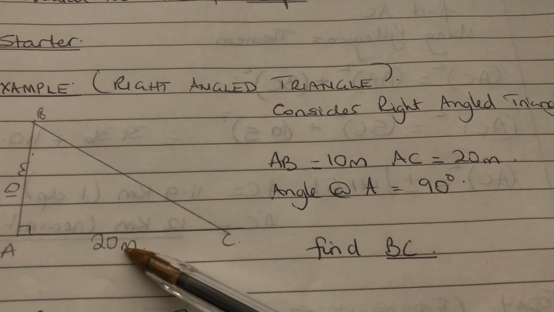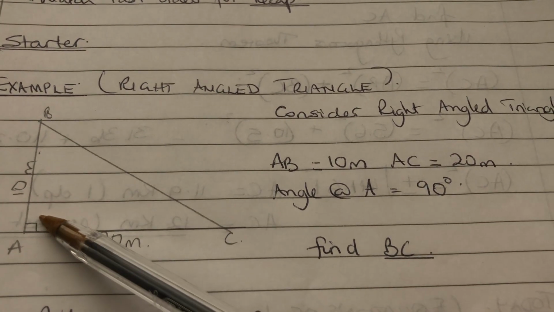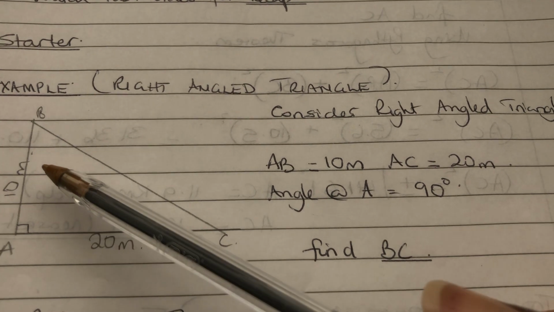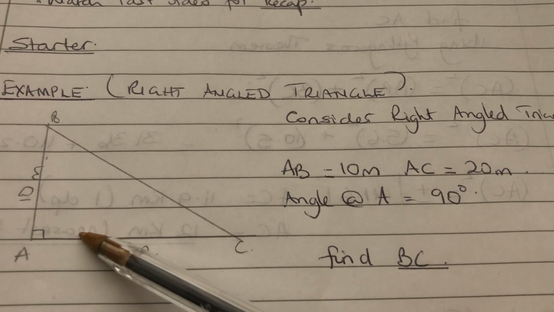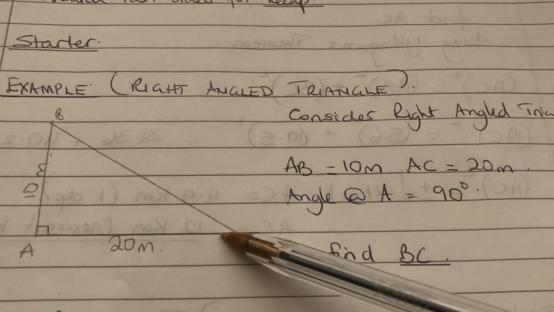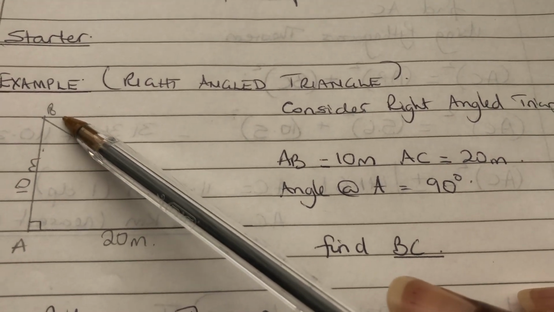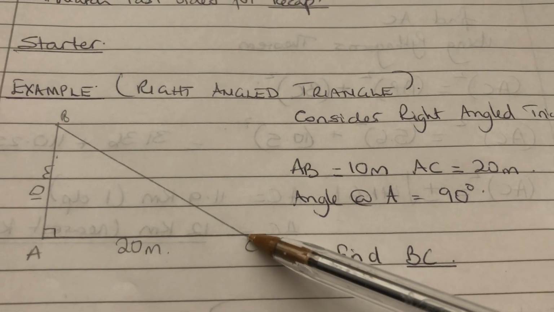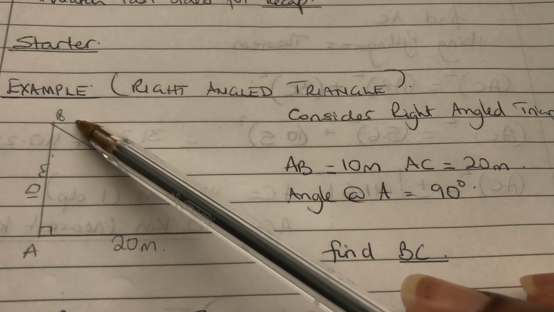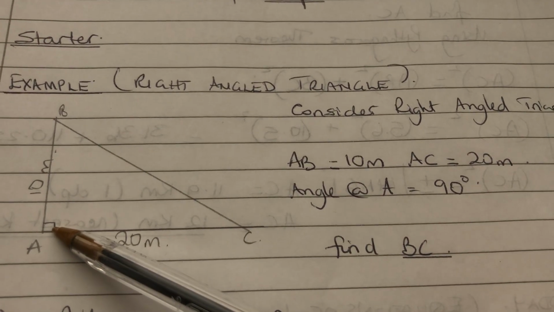Again, our diagrams are not to scale. The angle at BAC, or at A, is 90. We are not finding an angle. We are finding the hypotenuse. The hypotenuse is opposite the right angle.